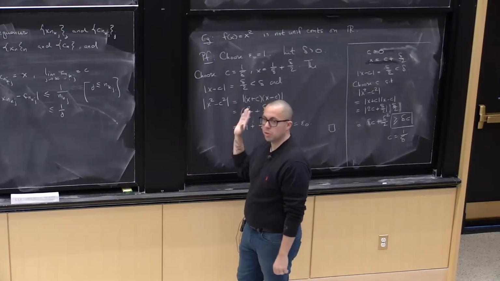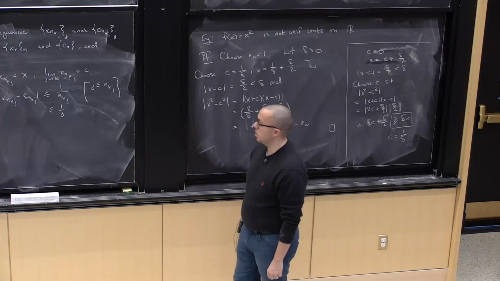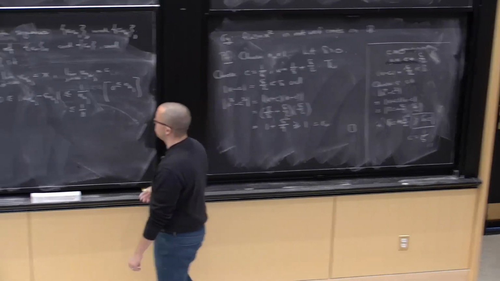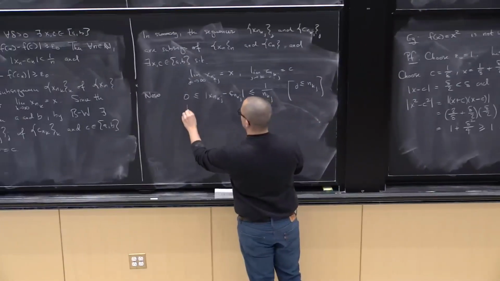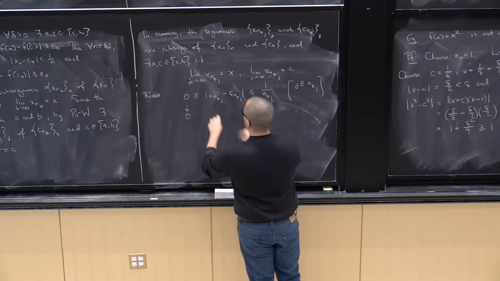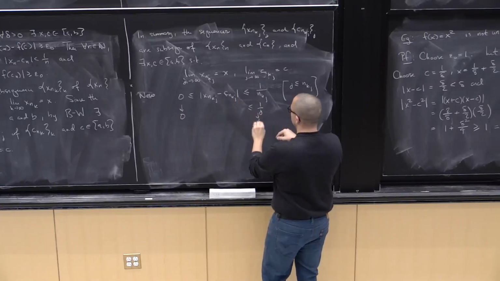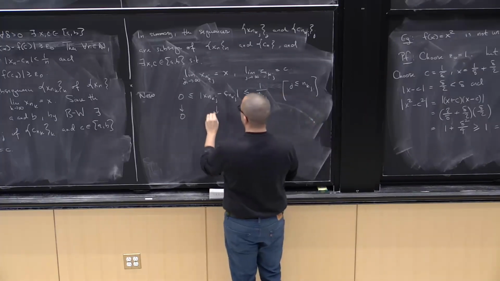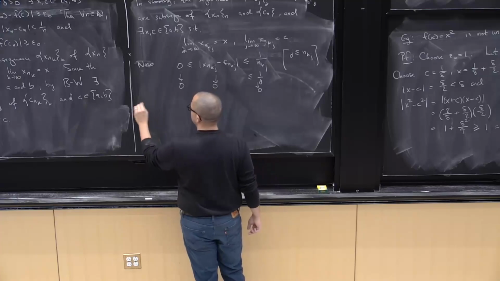This is just a consequence of how subsequences are defined. Okay, you always have to move to the right after you've made a choice of an entry in the sequence that you're going to take as an element of your subsequence. So 0 bounds this from below, and it is bounded above by 1 over j, which converges to 0. So the middle thing has to converge to 0 by the squeeze theorem.